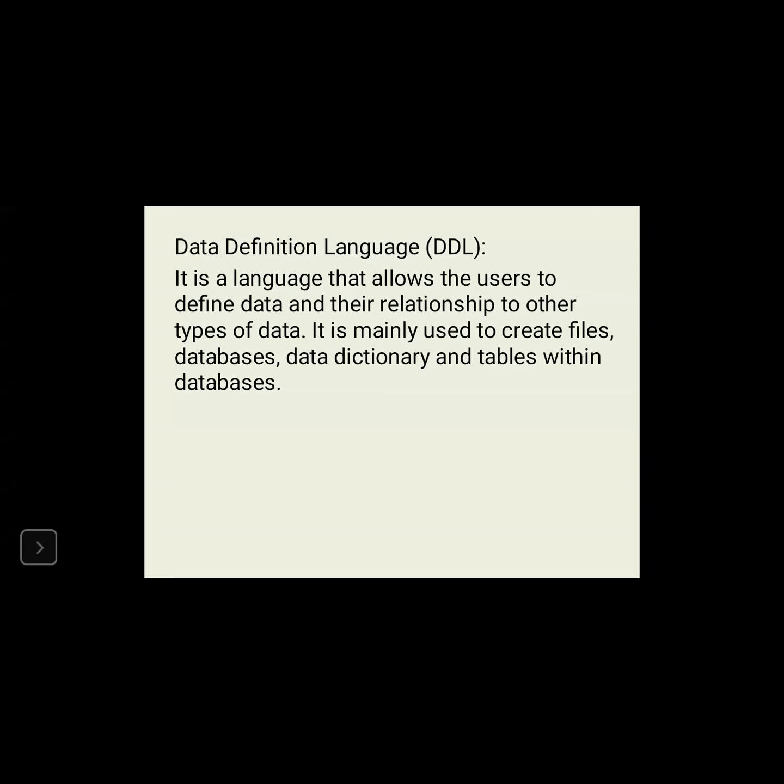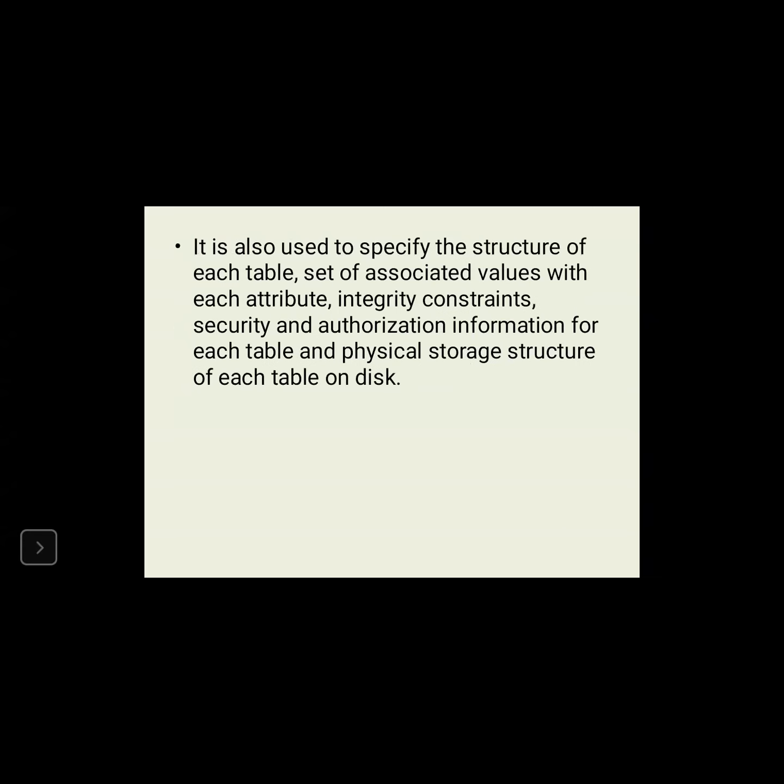So by using data definition language, we can specify the relationship also. It is also used to specify the structure of each table, the set of associated values with each attribute, integrity constraints, security and authorization information for each table, and the physical storage structure of each table on disk.